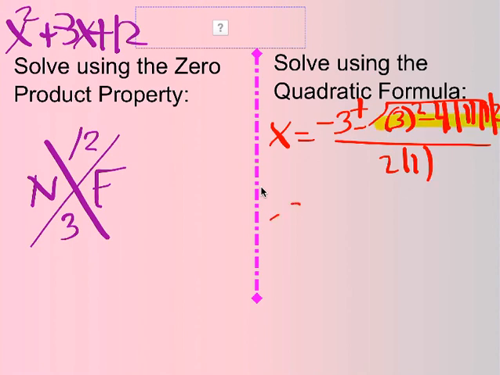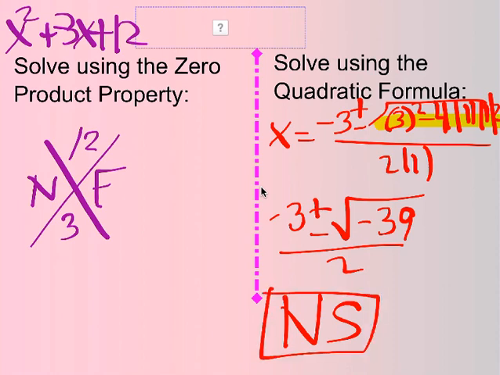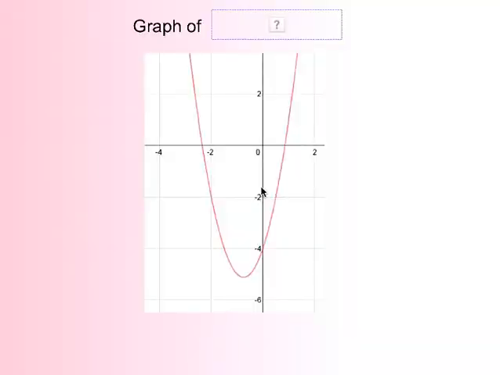So in my calculator, I'm going to do 3 squared minus 4 times 1 times 12. Now when I do that, I end up getting a negative 39. So remember, I cannot have a negative underneath the radical, so that means that this one has no solution. And I've confirmed that by doing the quadratic formula as well as factoring. Since neither method worked, I can say there's no solution.